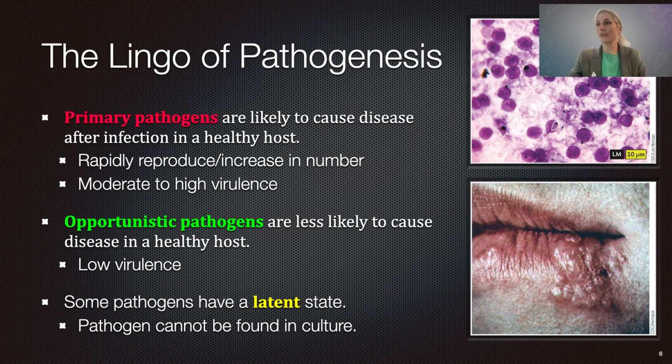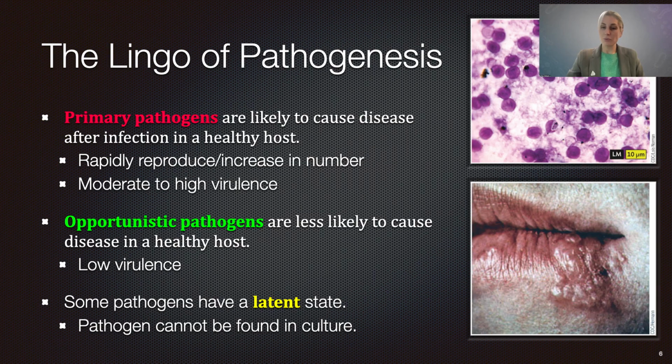Our primary pathogens are ones that are going to be causing disease in a healthy host. So anyone with a normal immune system can be infected by a primary pathogen. While on the other hand, an opportunistic pathogen is one that's going to infect somebody with a lowered immunity.